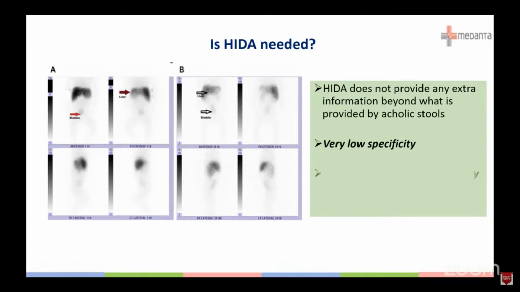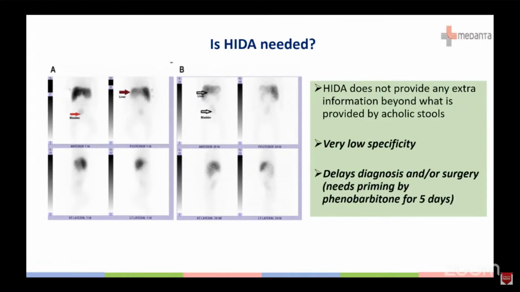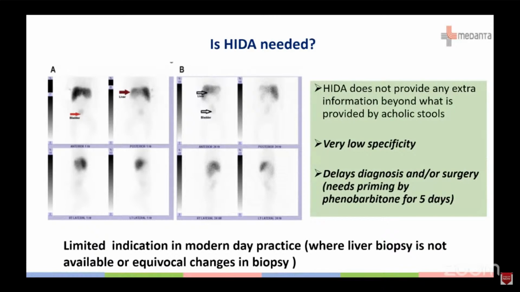It has very low specificity, and it delays the diagnosis and subsequent surgery because it needs priming with phenobarbital for 5 days prior to performing the examination. So in modern day practice, there are very limited indications of the HIDA scan, and we use it where the liver biopsy is not available or if we get equivocal changes in the liver biopsy.